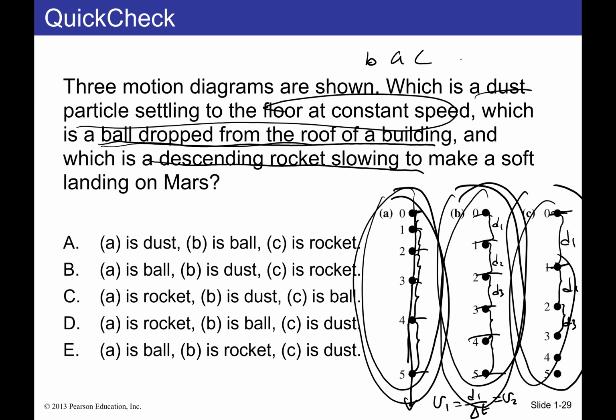And then you look at which option matches. So A is dust? No, because A is basically the ball, right? So we can eliminate this, and we can eliminate that. Then A is ball.